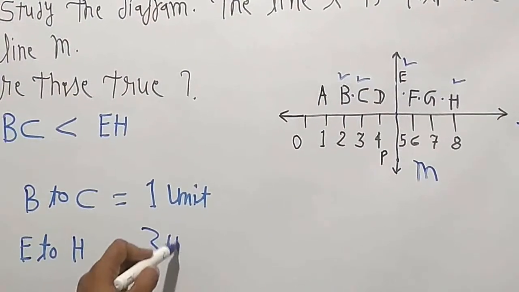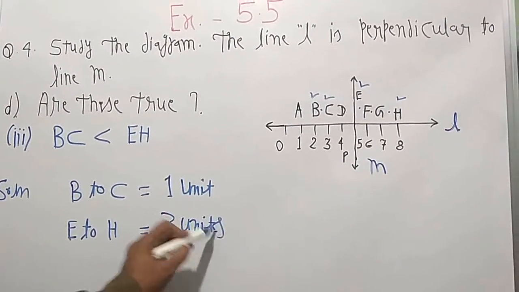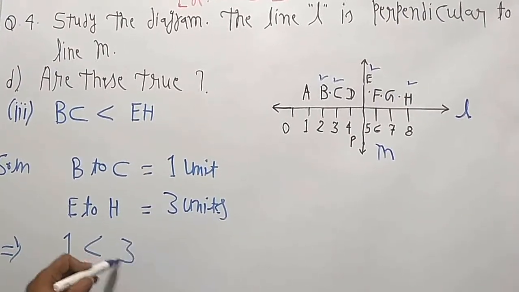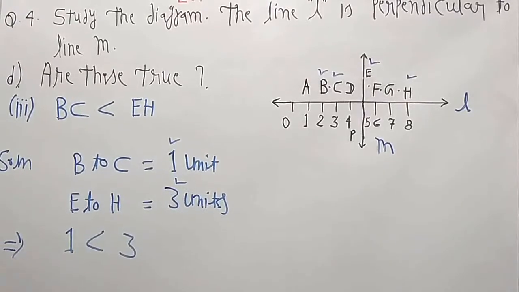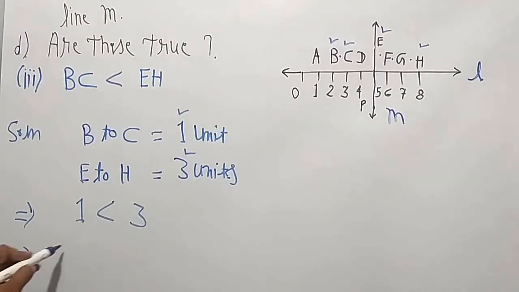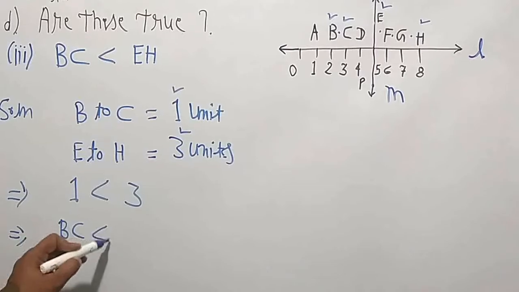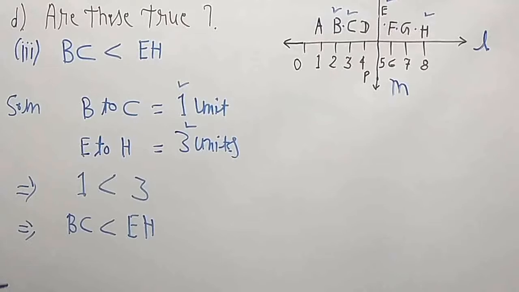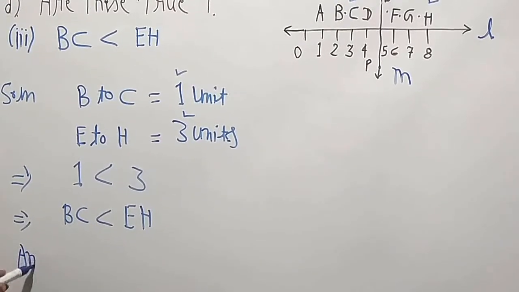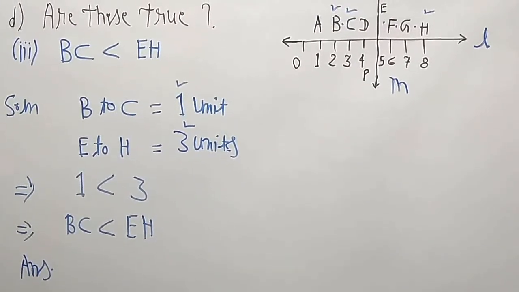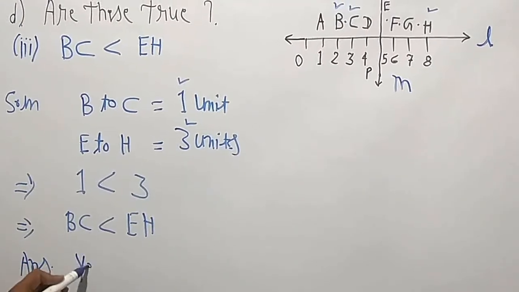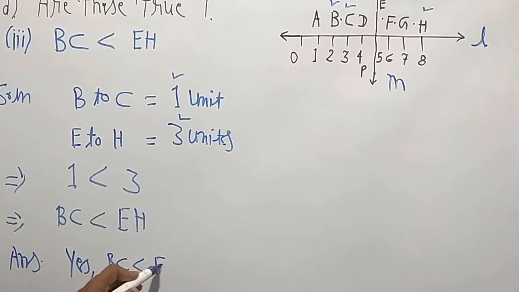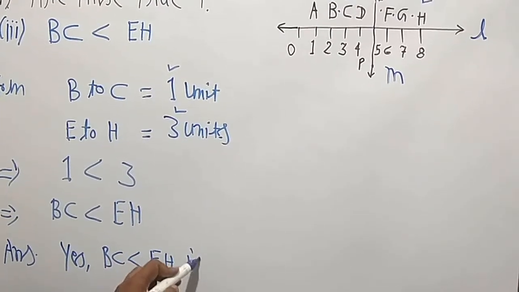So it is 3 units. It shows that 1 is less than 3. It shows that BC is less than EH. So in the answer we can write yes, BC is less than EH is true.